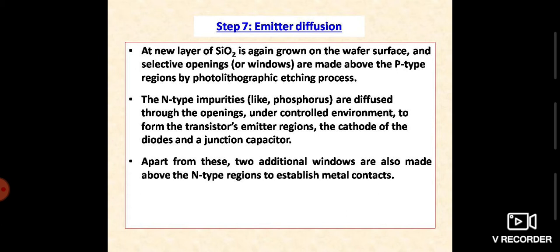In the IC fabrication process, almost the last step is metallization. For this part, the metallization process, which I will discuss in the upcoming slides, we have to make the metal contacts. For this purpose, here two additional windows are made by the photolithographic etching process.